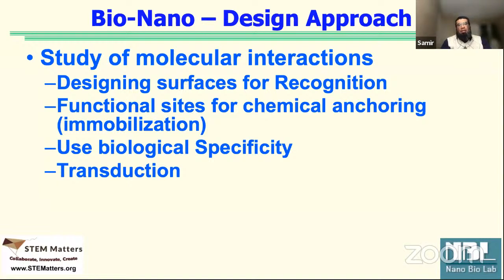Now, in all cases, we have this recognition element, right? Which can be the opposite of all these molecules that we are looking for, which we would know from reactions in test tubes, that they have specific binding. Now, once that binding occurs, we have to transduce that signal.